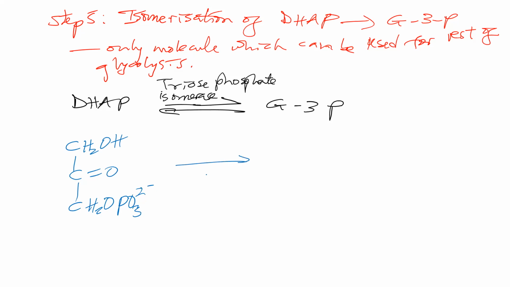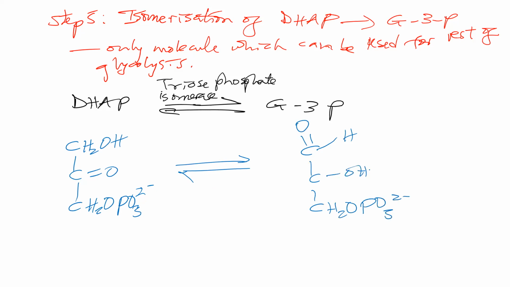Then we are saying that is converted to glyceraldehyde 3-phosphate. So all you've done is to move the phosphoryl group from a ketone.